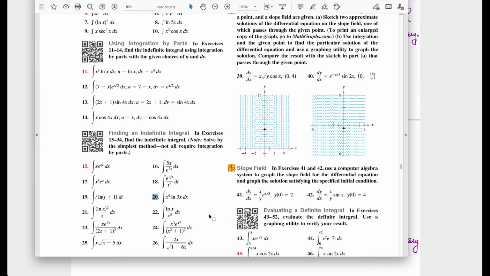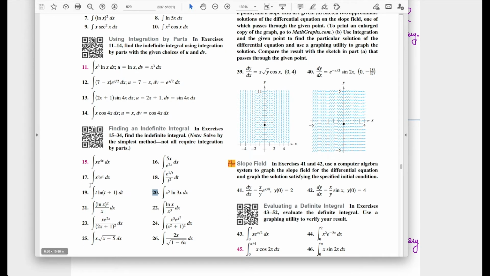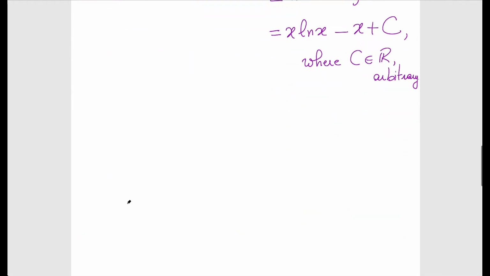Let's go back to the book and let me just do number 17 here. We want to integrate x cubed times e^x dx. Observe that x cubed becomes simpler when we differentiate it, whereas e^x remains unchanged when you differentiate it or integrate it.